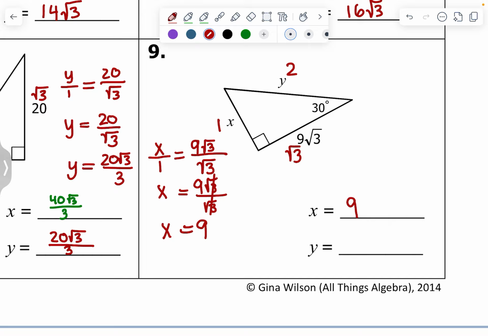Let's find y. Y over 2 equals 9 radical 3 over radical 3. This one, y is not by itself, so we do have to cross multiply.